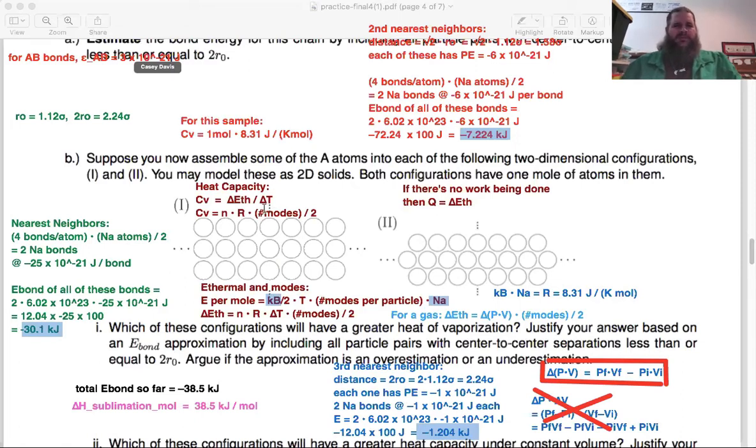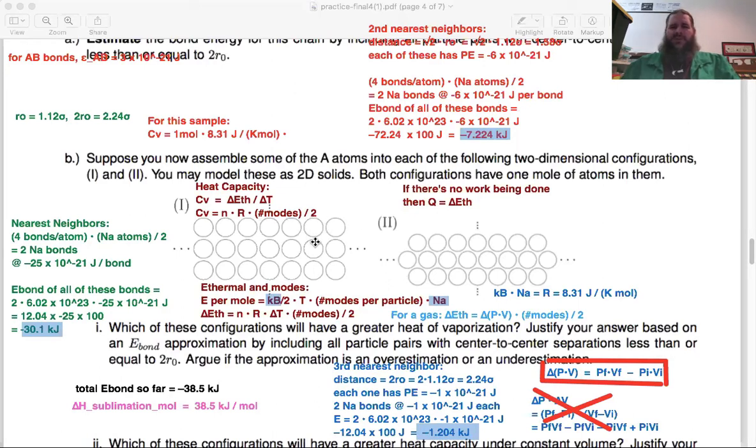And what about number of modes? If this is a monoatomic solid, how many modes per atom would you expect? And why 4? Why not the usual 6? Yeah, this is only 2-dimensional.